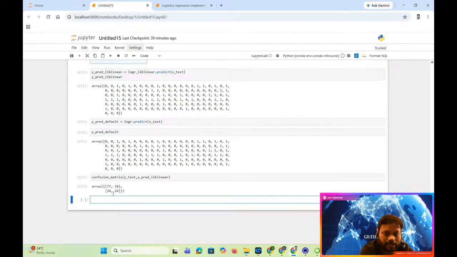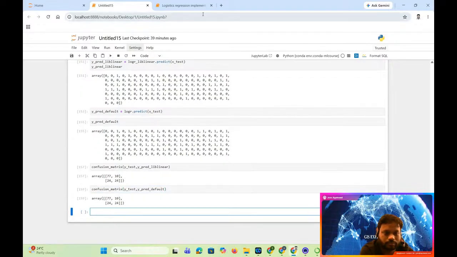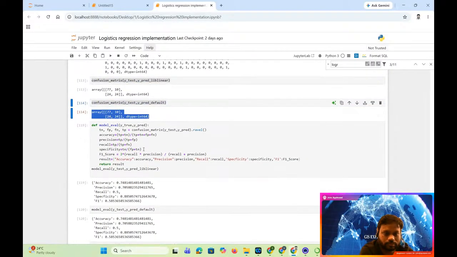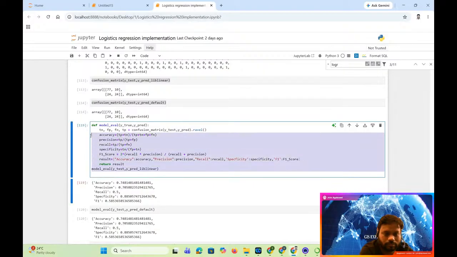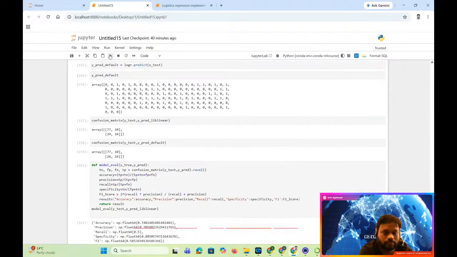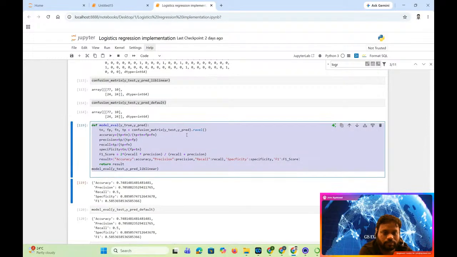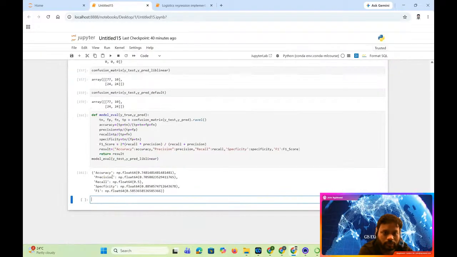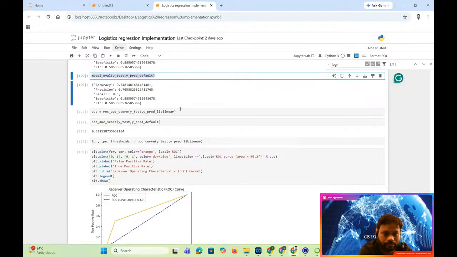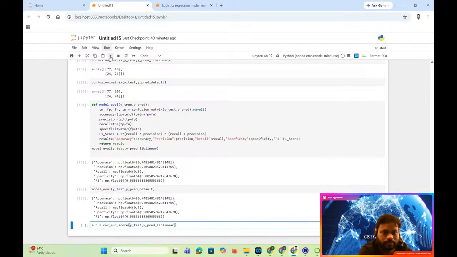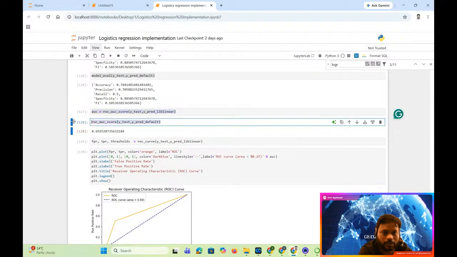Now create a confusion matrix. And the model and this. Now AUC, ROC.